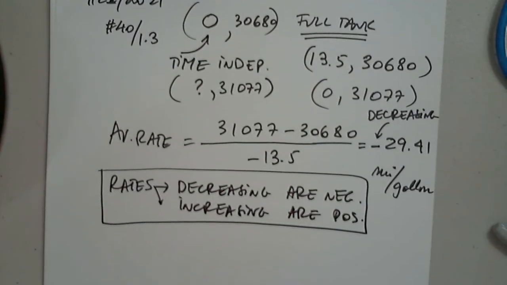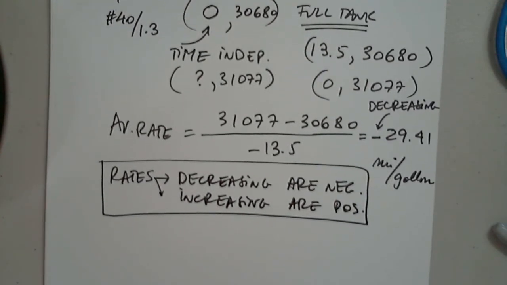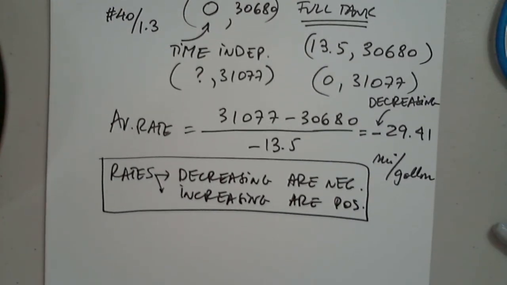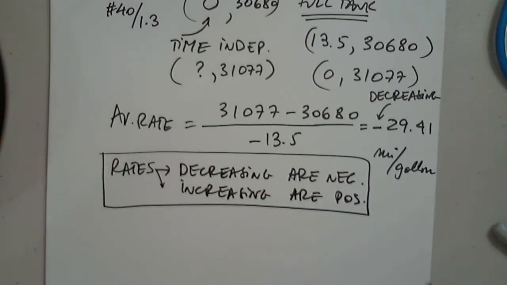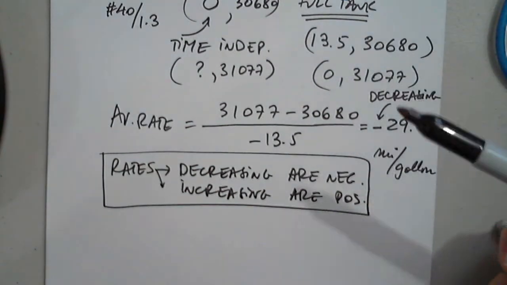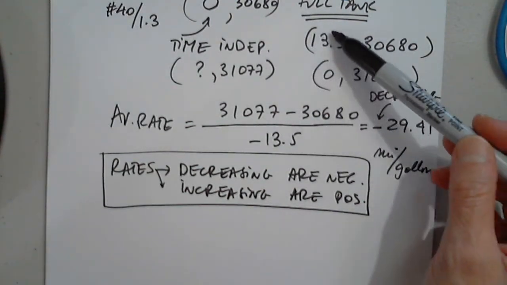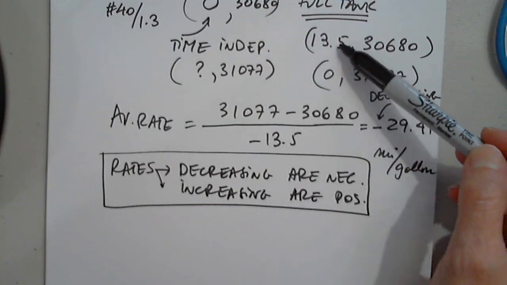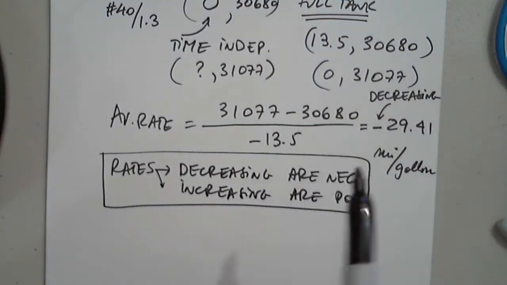Okay, in part B, what is the average rate of gas consumption in gallons per mile? So what they want now, they want us to reverse. They want us to use this as the y variable and this as the x variable.